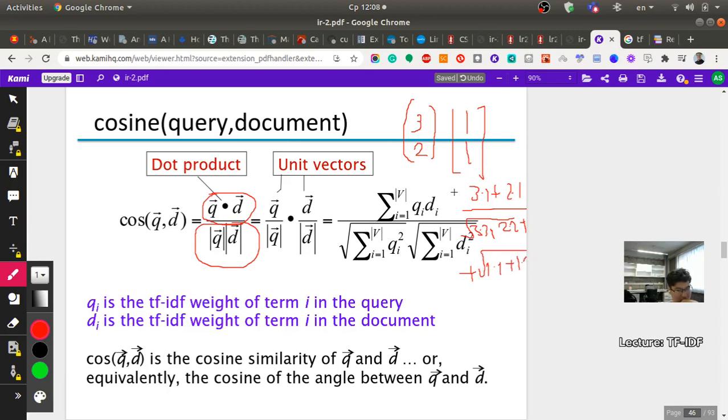So this is actually cosine distance, and it helps us to measure the similarity between these documents.